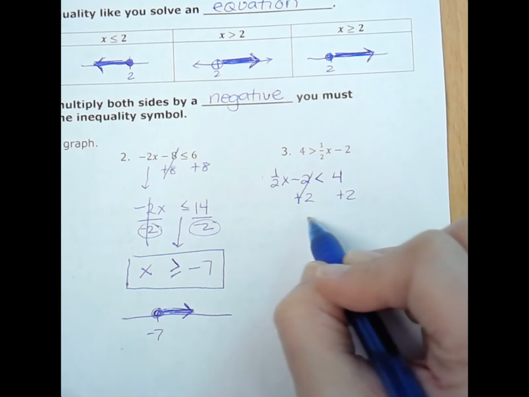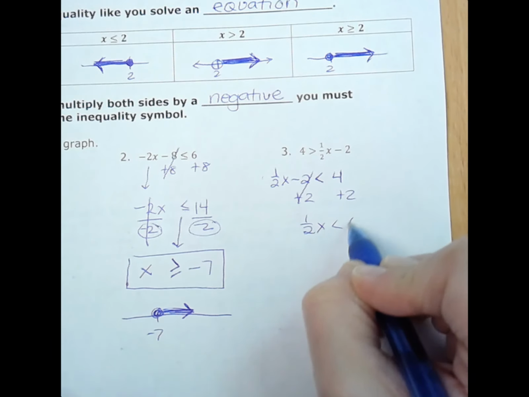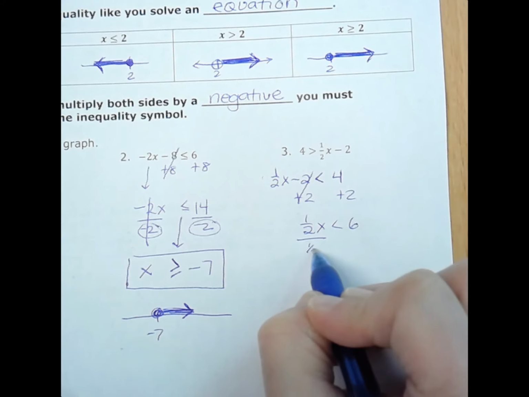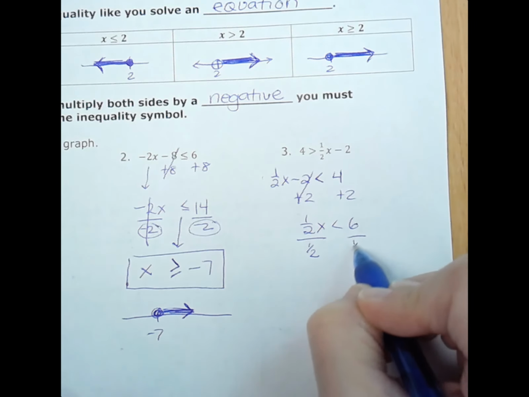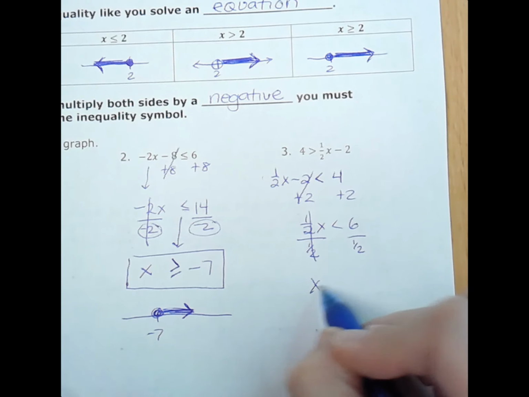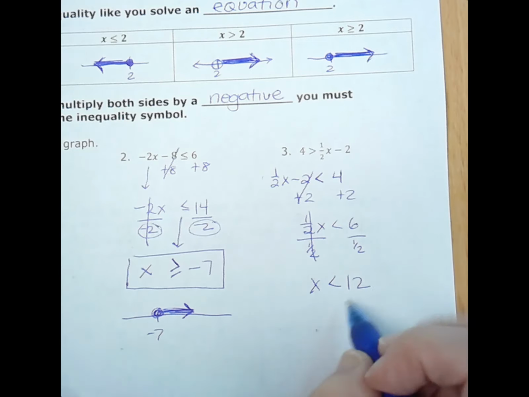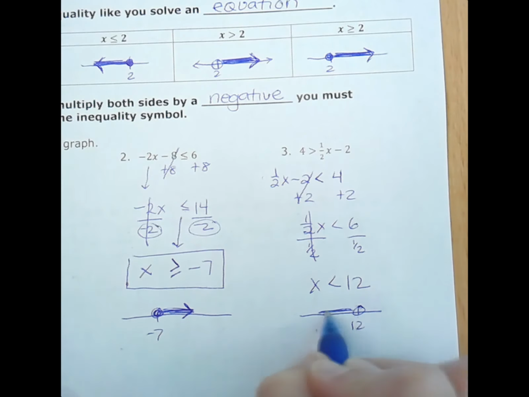Then we can go ahead and solve. Get x is less than 12. So open circle, x is less than 12 for that one.